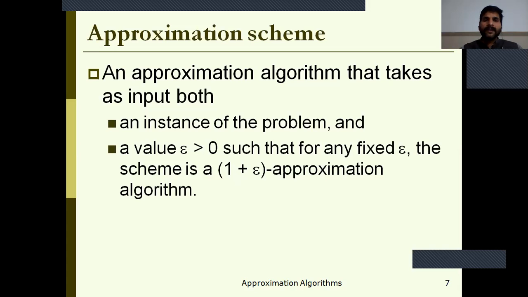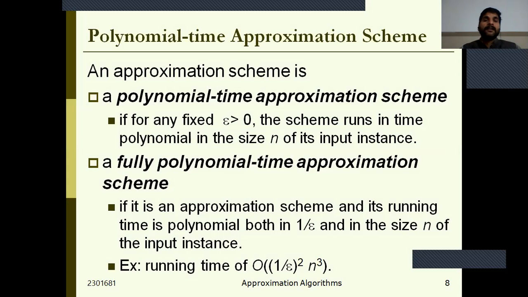An approximation scheme takes as input both an instance of the problem and a value epsilon greater than 0, such that for any fixed epsilon, the scheme is a 1 plus epsilon approximation algorithm. This is the polynomial time approximation scheme. An approximation scheme is a polynomial time approximation scheme if for any fixed epsilon greater than 0, the scheme runs in time polynomial in the size n of its input instance.